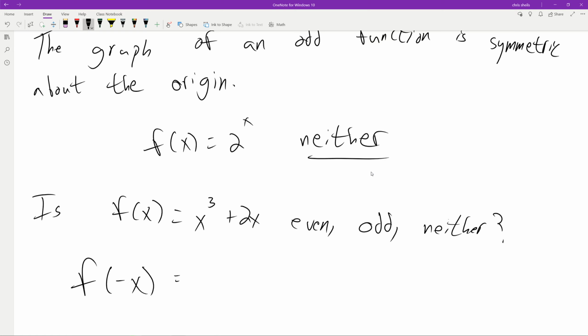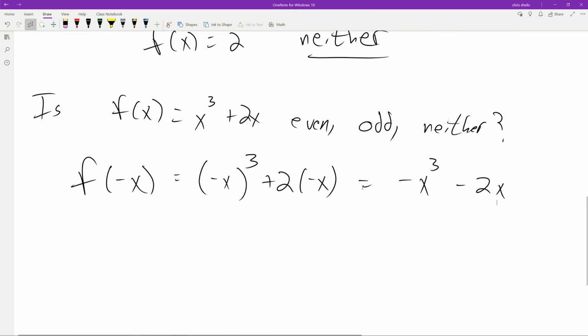So f of negative x is negative x cubed plus 2 times negative x. This is negative x cubed, plus 2 times negative x, this is minus 2x. Notice that I can factor a negative sign out of both of those to get minus x cubed plus 2x.